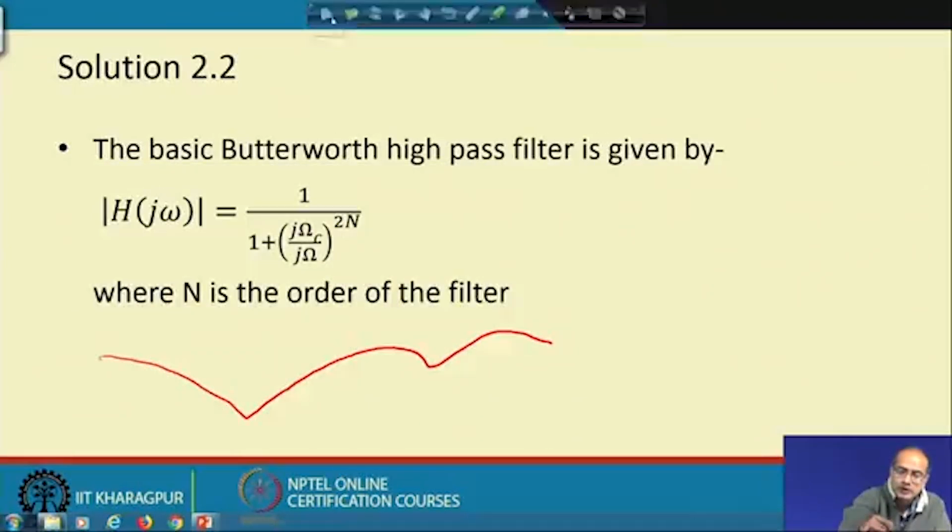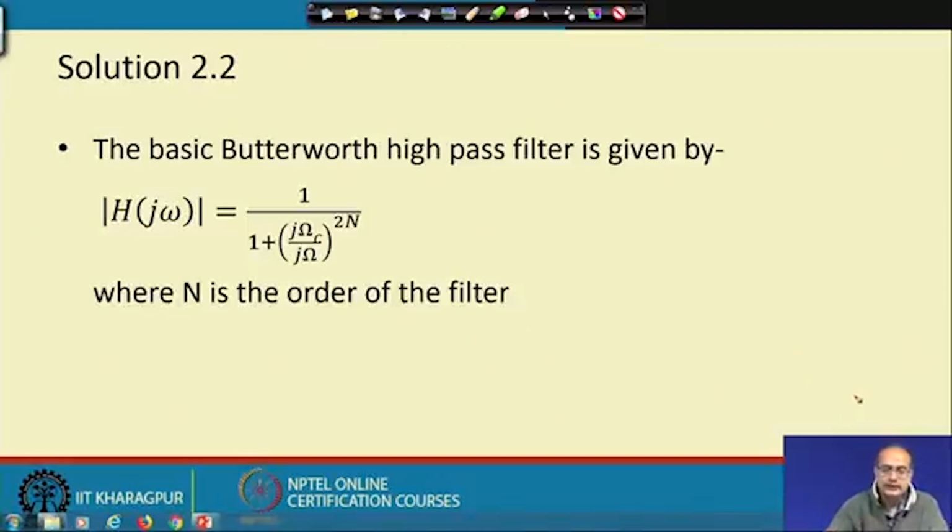So, now let us look at the structure of the Butterworth filter, which is given here, and this is the expression of the Butterworth filter for order n. Okay.